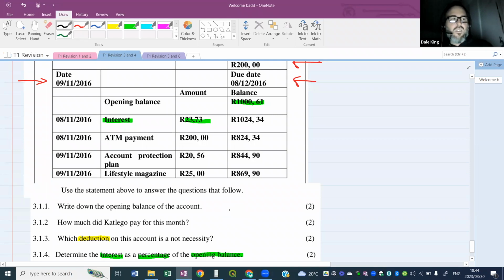If you were here for tariff tables, the guys online will tell you they're quite challenging, but the math actually isn't that challenging at all. You can understand how to do the math. It's just interpretation of the question.